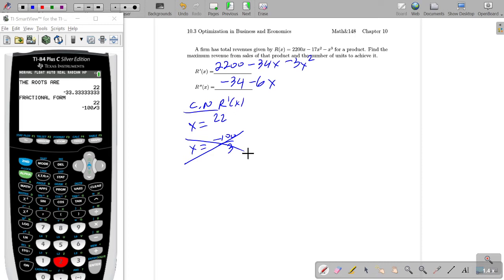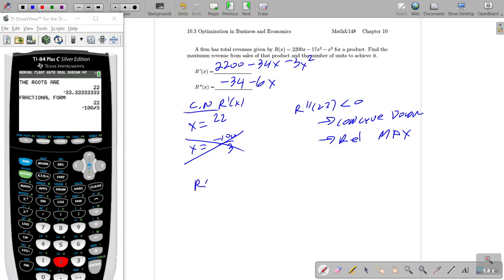So if we put 22 into here, R double prime of 22, negative, negative, so that's going to be negative. So that is concave down, relative max. So at x equals 22 we get a relative max.